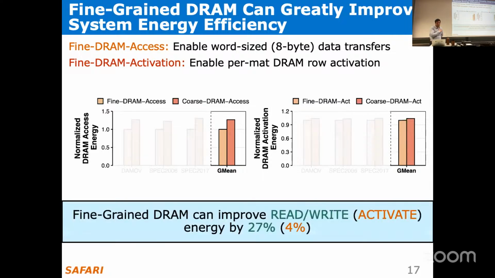We observe that fine-grained DRAM can provide substantial read-write and activation energy benefits. To better explain this, if your DRAM today consumes this much energy, that's the darker orange bar, a DRAM chip that enables transferring data at word granularity enables something like 30% energy benefits, 27% specifically, and 4% for activation.